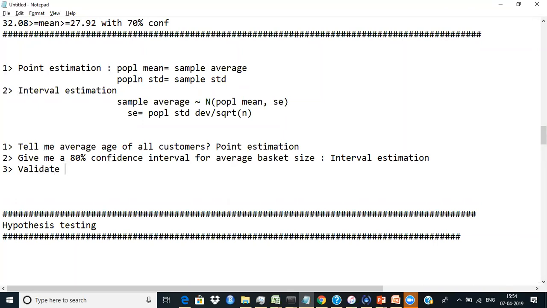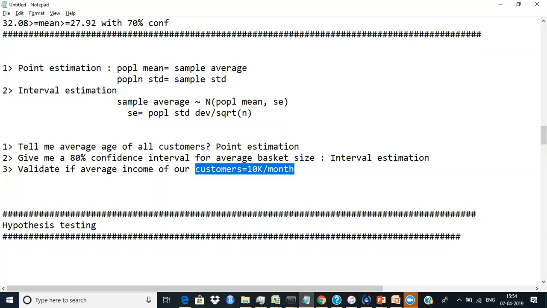Validate if the average income of our customers is equal to 10,000 rupees per month, right?